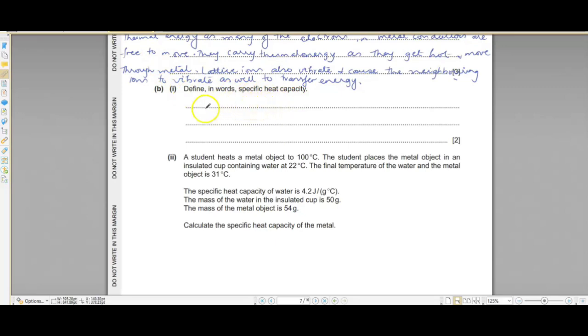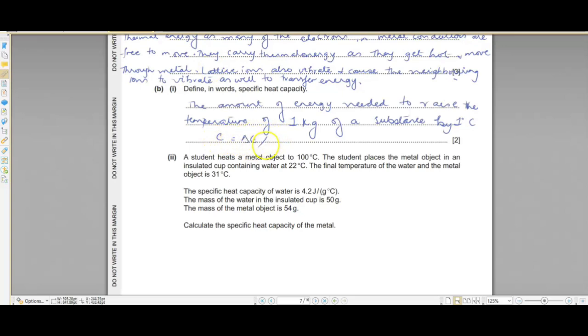Specific heat capacity is defined as the amount of energy needed to raise the temperature of 1 kg of a substance by 1 degree C. And its formula is delta E divided by m delta theta, where delta theta is the change in temperature.